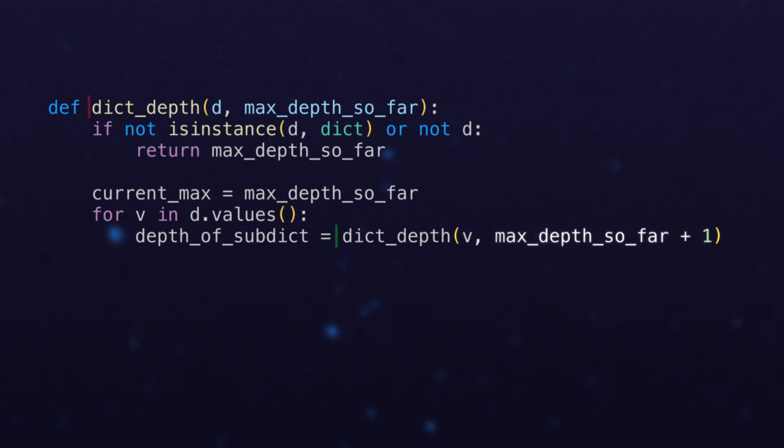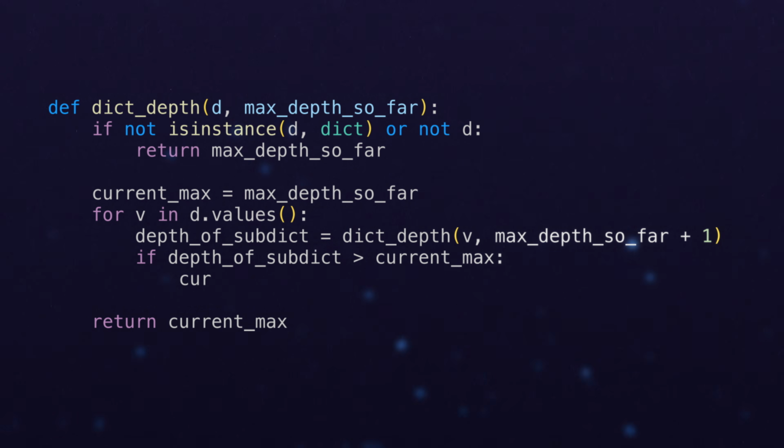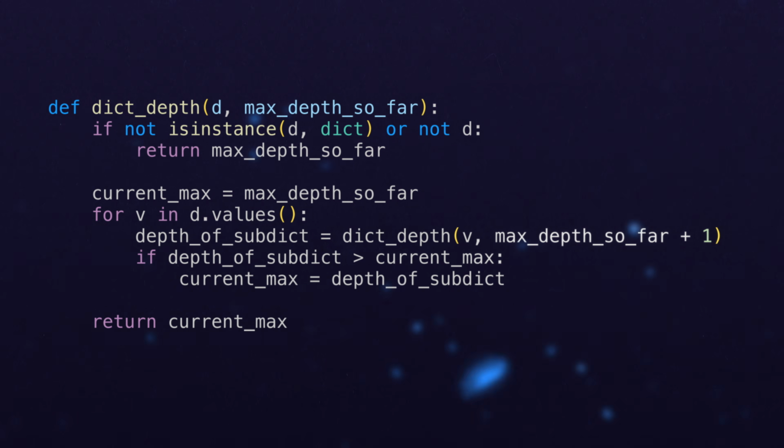We also need to increment the max depth so far by 1 because we're going 1 level deeper. Now, once that recursive call returns, it will return with the maximum depth of that sub dictionary. So we should track that max depth, and at the end of the loop, if that max depth is the greatest of all the nested sub-dictionaries, that will be the one we'll return.